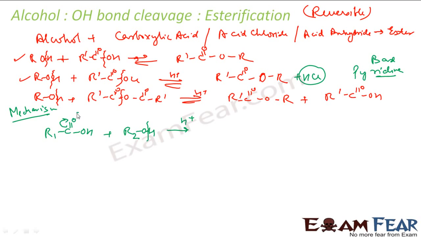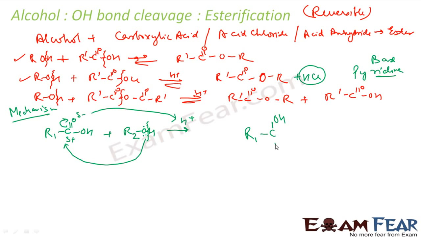It will go in this direction, slightly negative, slightly positive. And now this has lone pair of electrons. So this will attack this carbon with a positive charge, and this will attack this H plus because it has electrons. Electrons will move from here to here.